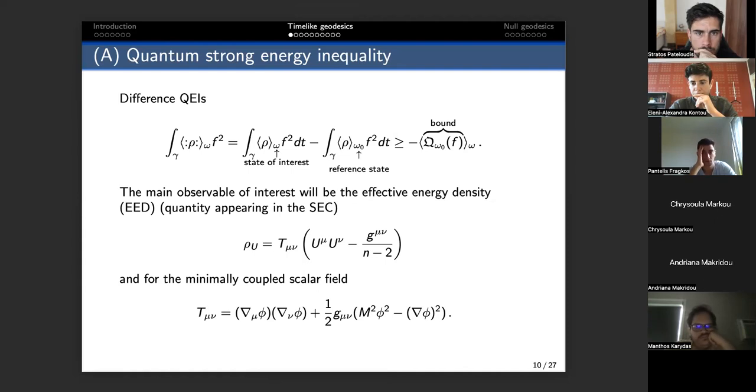Well, it could be the energy density of this energy momentum tensor, for example. Now, I'm interested in what you call the state of interest. Can this be a thermal state?